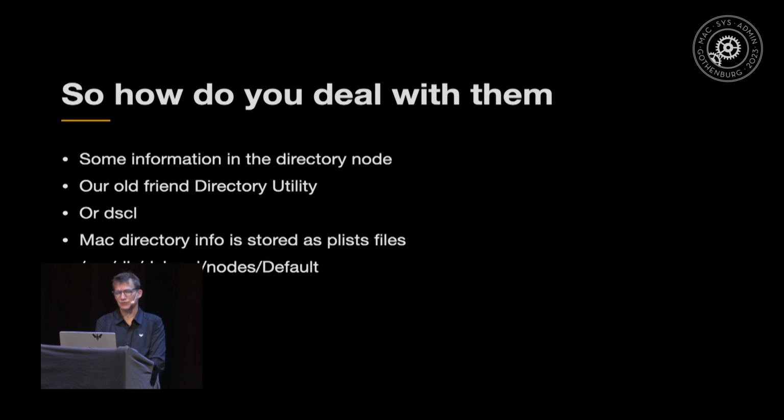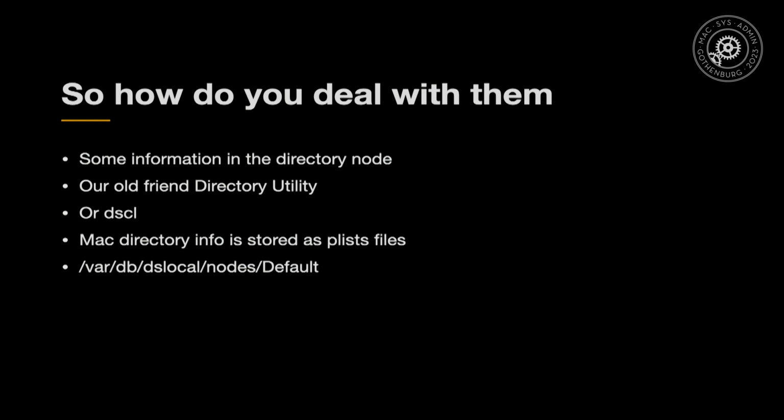So how do you deal with key bags? How do you know that they're there? Well, there's some information in the directory node. We can use our old friend Directory Utility or the directory services command line. And the Mac directory info is stored as plist files. Probably already aware of that.